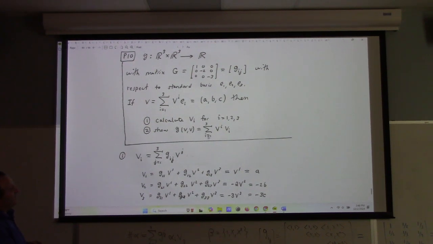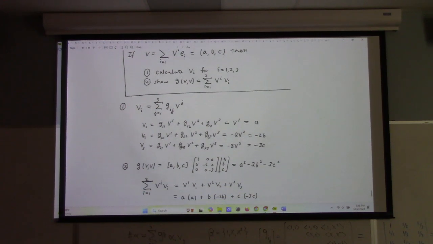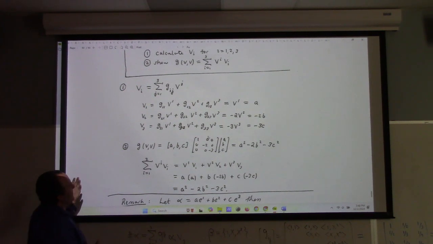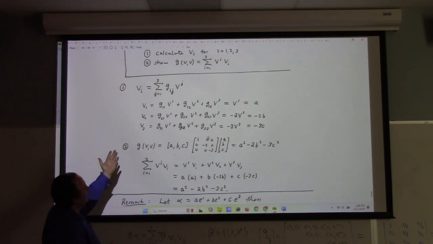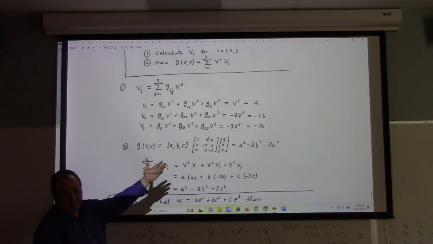So this one, calculating the inverse components is really easy. It's 1 minus a half minus a third, right? Because to invert a diagonal matrix is just to reciprocate the diagonals. But you didn't even need to do that, right? Because to raise the lower index to the upper index, I used the metric components, which are given.